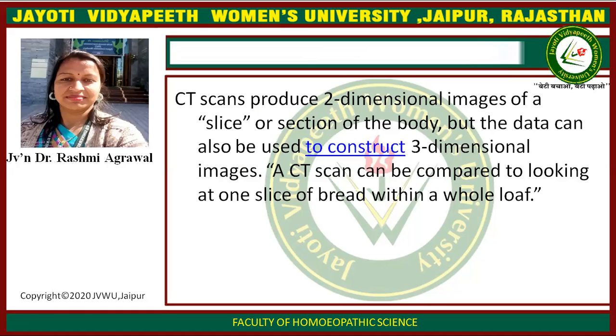CT scan produces two-dimensional images of a slice or section of the body, but the data can also be used to construct three-dimensional images. CT scan can be compared to looking at one slice of bread within a whole loaf. So we can understand by the piece of bread which is detected both sides.